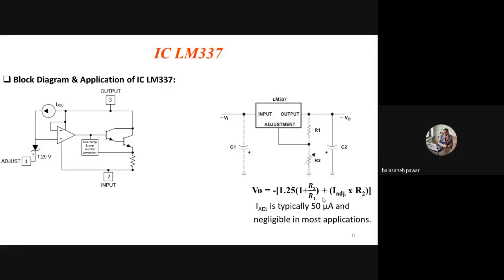If you neglect it, you will still get marks, no issue, but you can't obtain full marks, because the expected thing is that if I adjustable is mentioned, you have to consider it in the calculation. If it is not mentioned in the numerical, then you can omit it. Or you can consider the adjustable current if you remember its value, either 50 microamperes or up to 100 microamperes. Then also your answer will be correct.